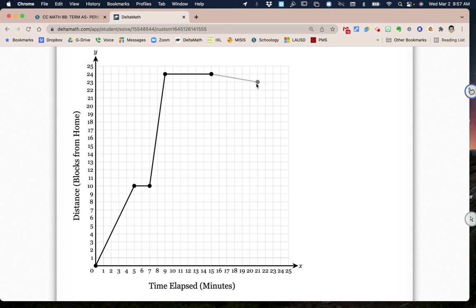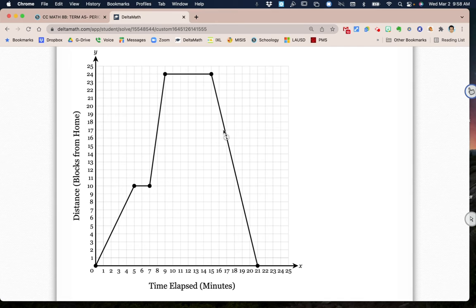Okay. So we're here. And so would be there because that would be 6. 1, 2, 3, 4, 6. So he went down 4 over 1, down 4 over 1.